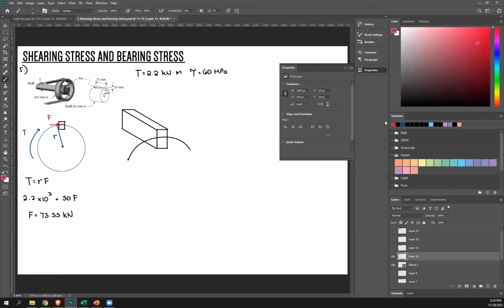So at this point, that is the surface of your shaft. Therefore, the portion being sheared is this. So this is your shear area, because again, along that is where your shaft is.